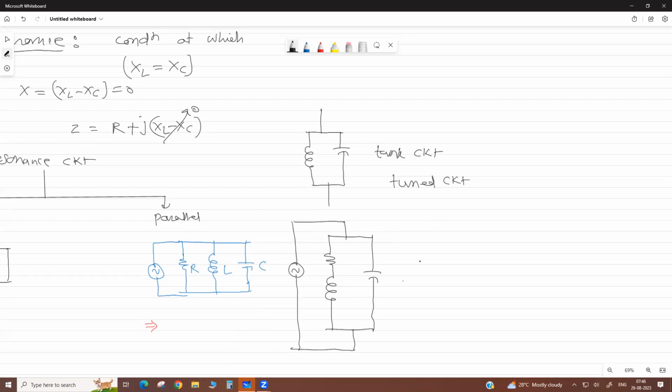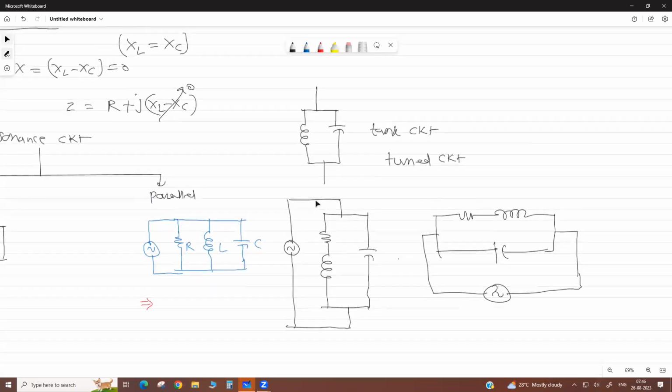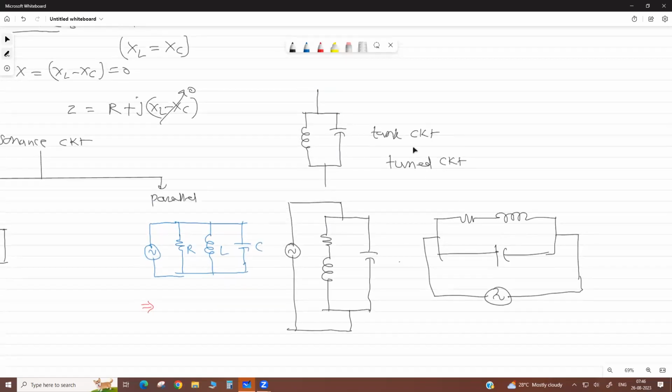Now you can draw it horizontally, then it is like this. Please do not confuse, the circuit is the same. Generally in parallel resonance, this circuit we use. Either all three in parallel, or the pure one, or this.